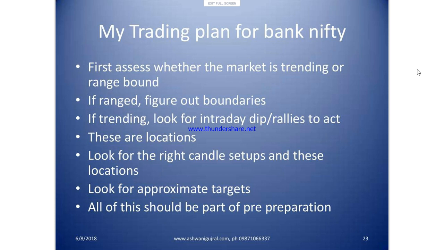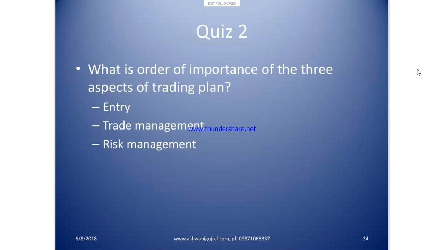That can also be assessed based on what is on top and what is on the left. All this is part of pre-preparation. See, let's get one thing very straight. If you guys are not coming prepared, you have less than 50% chance of succeeding.